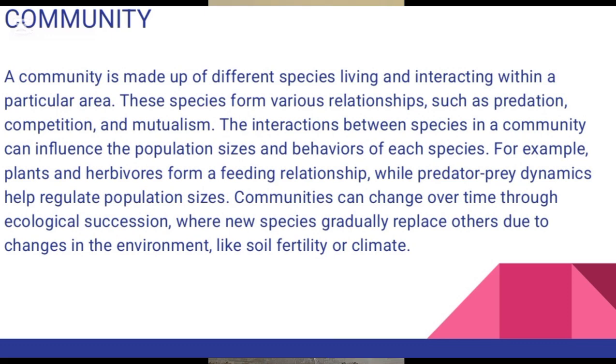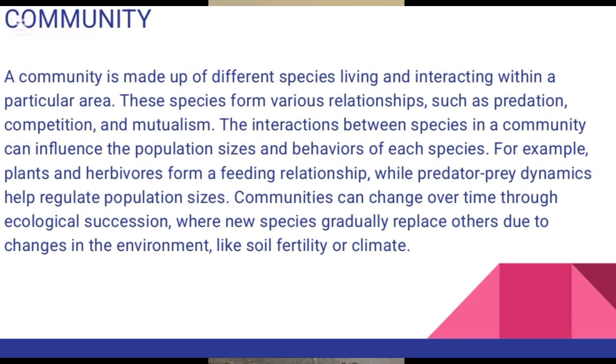Now a community would be 10 rabbits and three dogs. Those three dogs are also a population, but those two populations will begin to interact with each other. Obviously, they will interact in the way of predator and prey, but that interaction makes them a community.